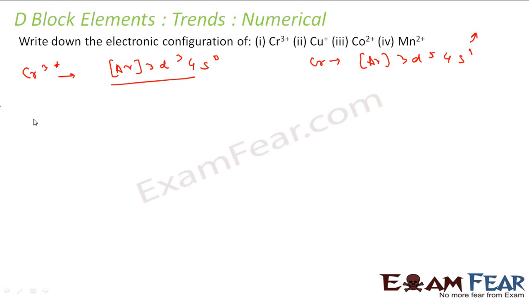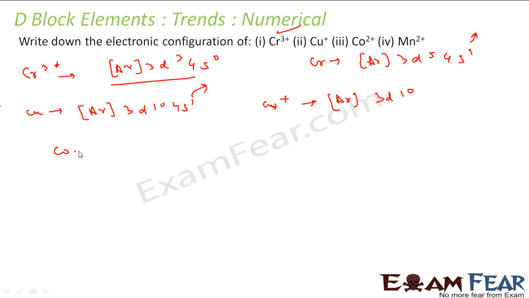The next is Cu+. For copper, the electronic configuration is argon 3d10 4s1. If you make Cu+, you take out one electron from 4s, so the configuration will be Ar 3d10. Let's talk about cobalt. Its electronic configuration is 3d7 4s2.